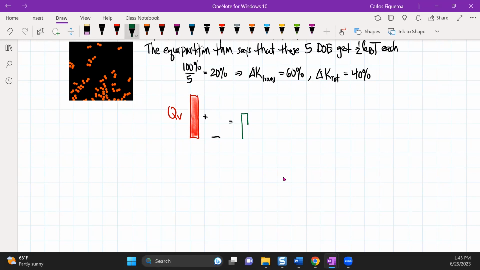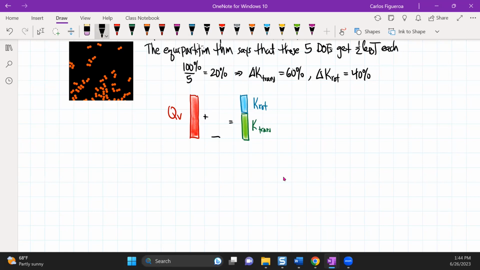Let's say that this is 60%. This is K translational, and it gets 60%. The other one, which is less than 50%, is at 40%. Let's say that's 40% right there. Then this goes to the rotational.